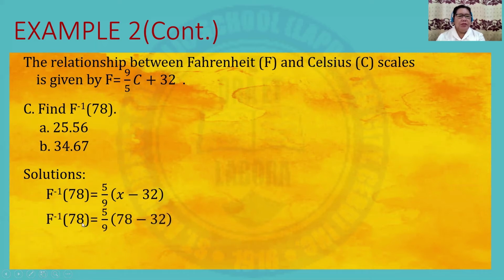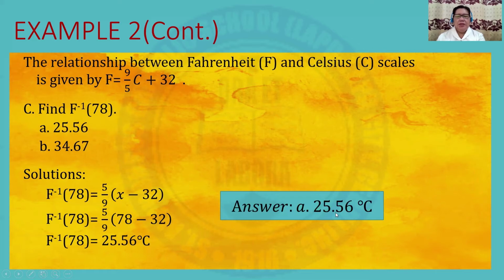And all you have to do is to substitute 78 to X, then minus 32. Then 78 minus 32, then times 5, then divided by 9. The answer is 25.56 degrees Celsius. So, your answer should be letter A.